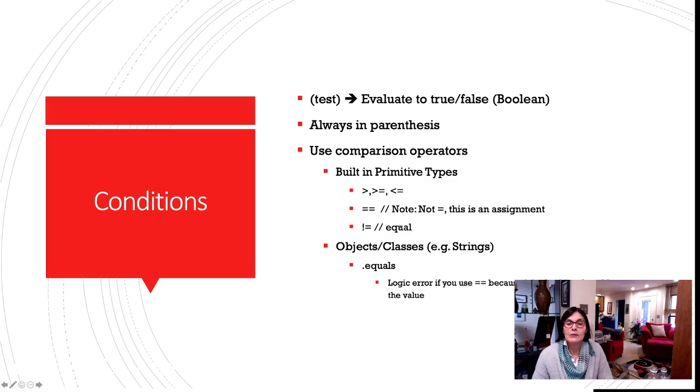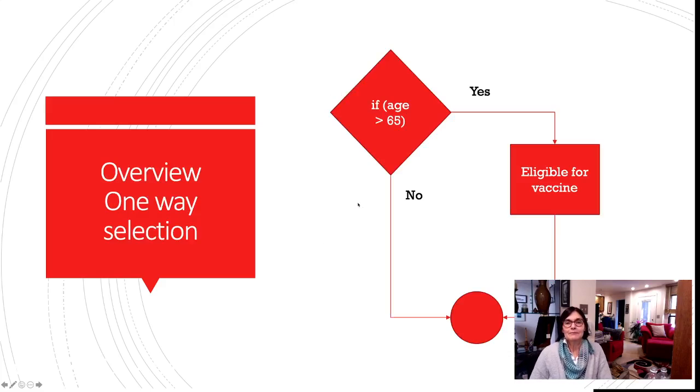And then not equal is an exclamation point and an equal. And then we'll go over this a little bit with objects and classes, and that is the string name dot equals, and we'll go over that at the end, and why using the equal signs will not get you the answer that you expect.